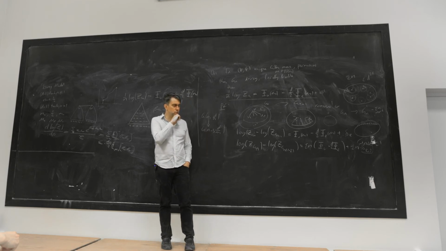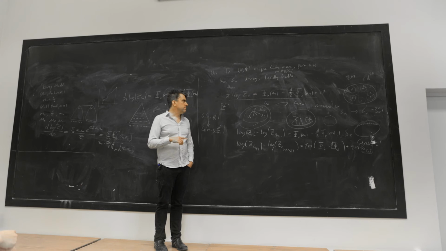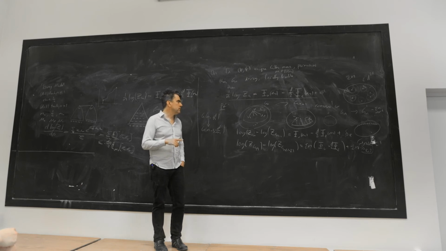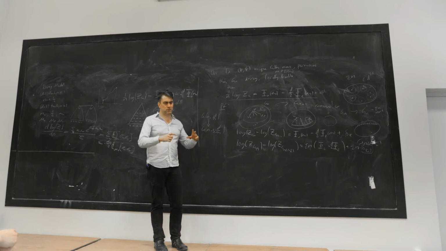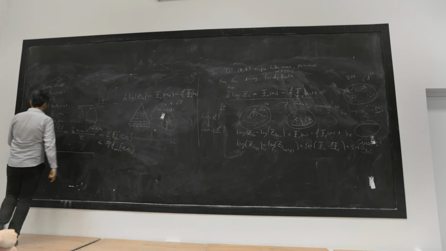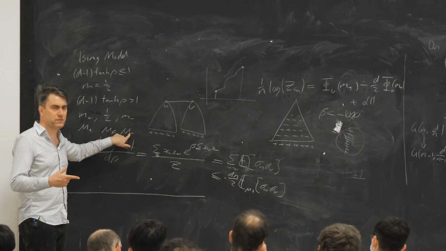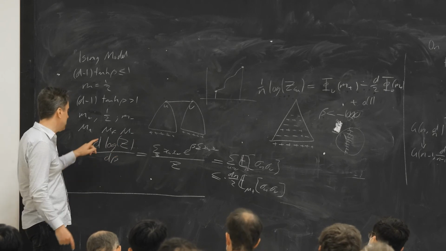Okay, so let's say we're in the Ising model case. We have the plus measure and the minus measure. These are extremal. They're not a convex combination of any other Gibbs measures.